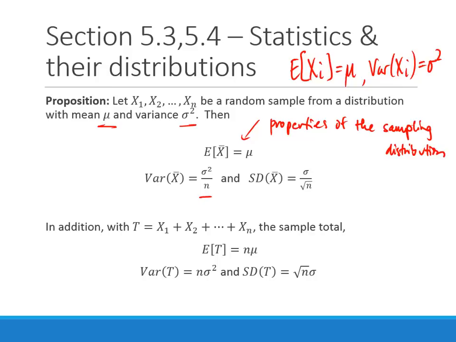The expected value of that sum is just n times the expected value of each thing. And the variance is now n times sigma squared, with the corresponding standard deviation. We'll talk about the sum a little less than the average, but similar properties hold.